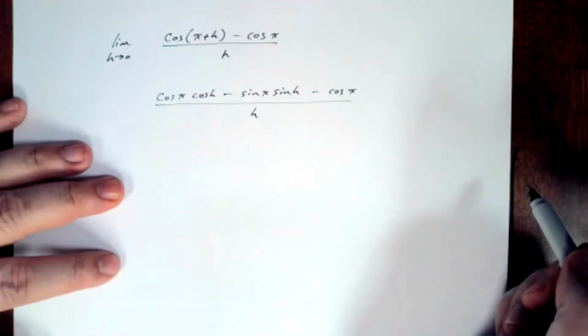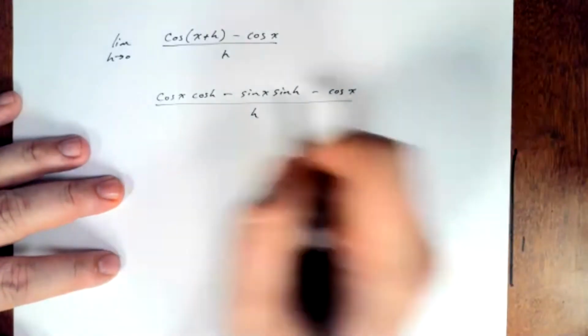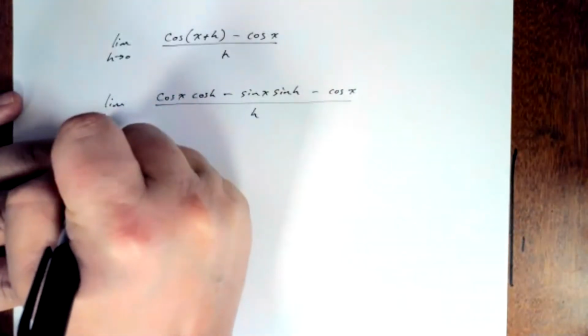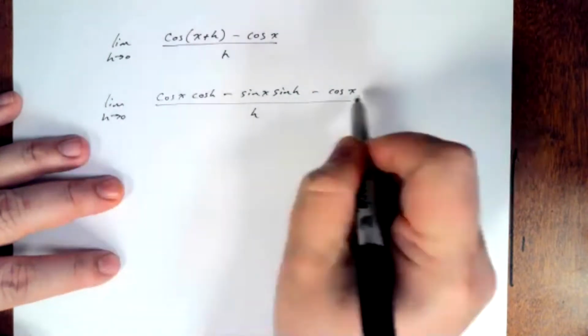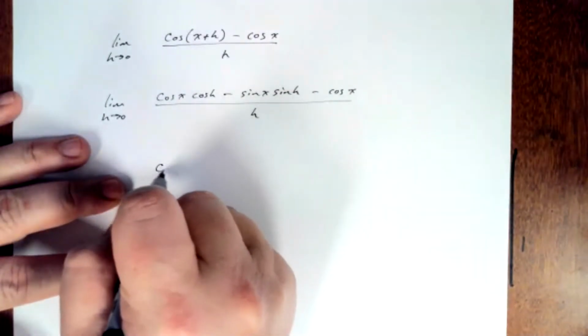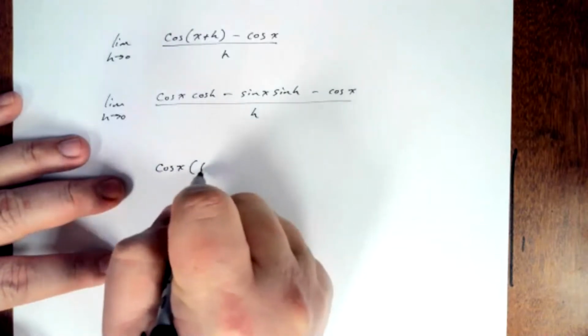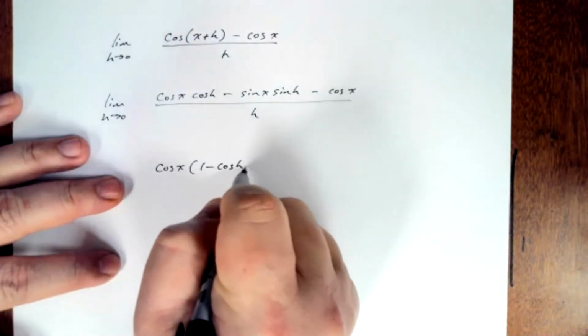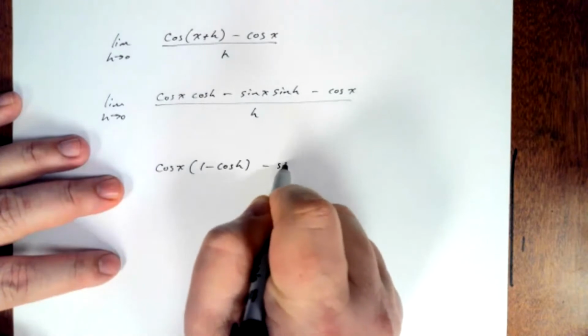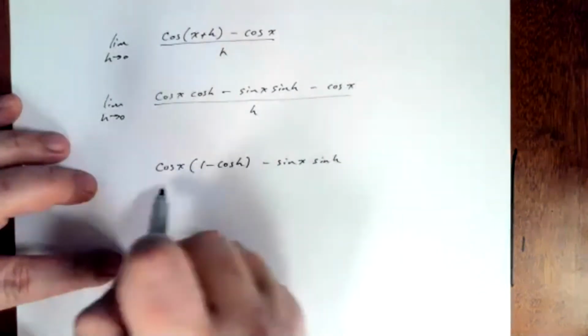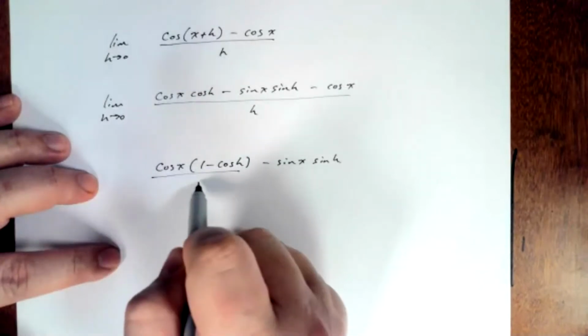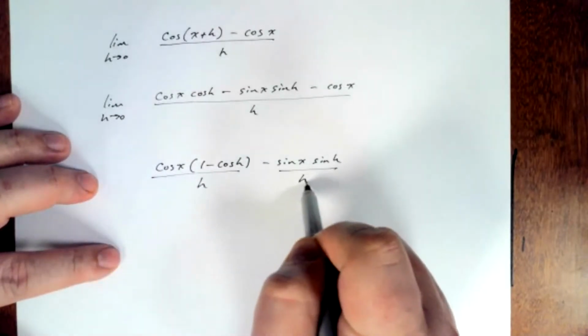Okay. So now what I'm going to do is what I did a moment ago, and group together the two cosine terms. And I'm just going to go ahead and put them both over h.